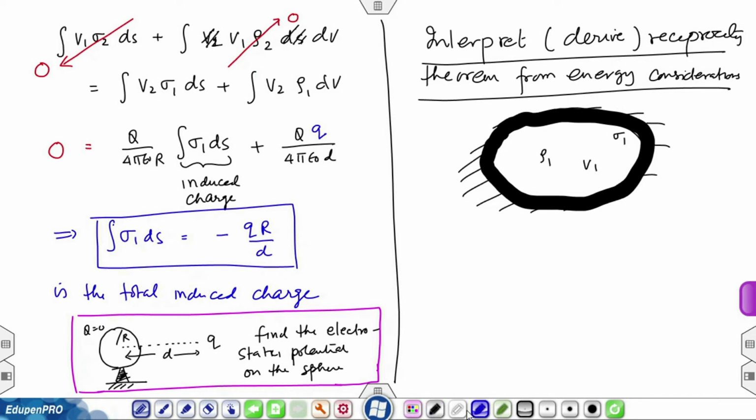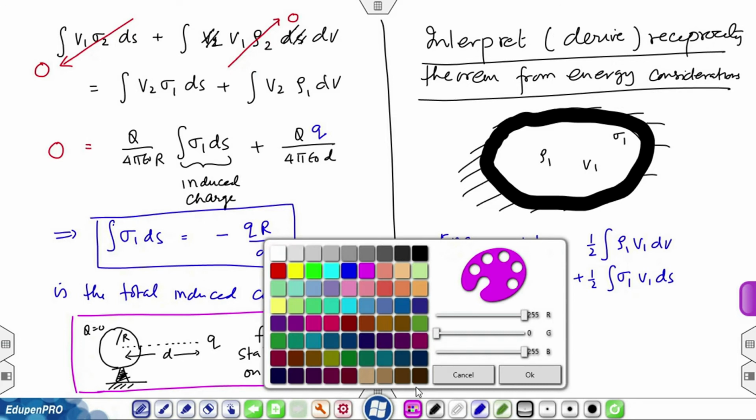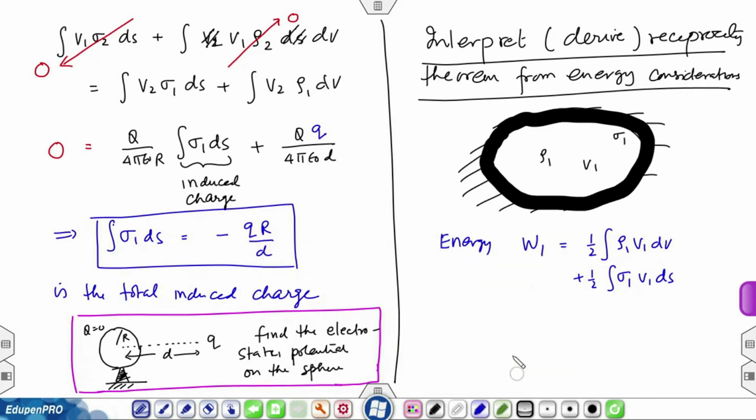Then I know that the energy of the system is W1, which is equal to 1/2 integration rho1 V1 dV plus 1/2 sigma1 V1 ds. I change this rho1 to rho2, so that V1 goes to V2 and sigma1 goes to sigma2.